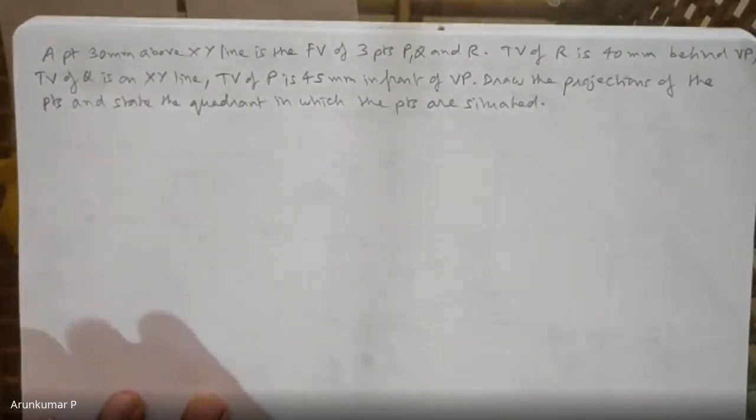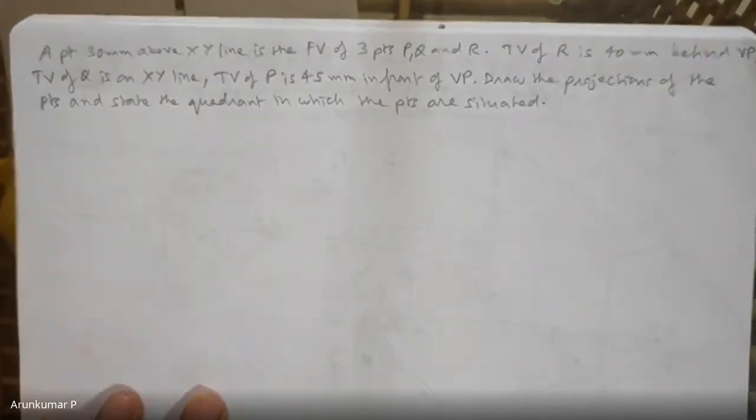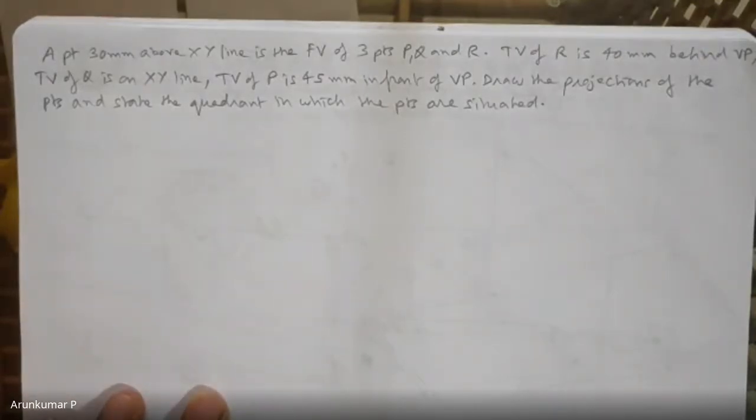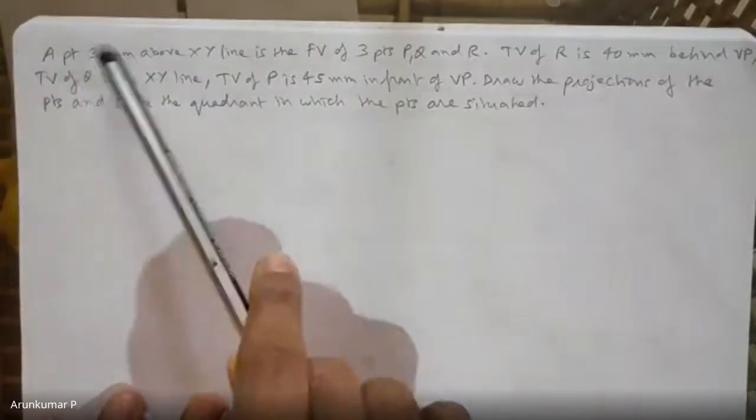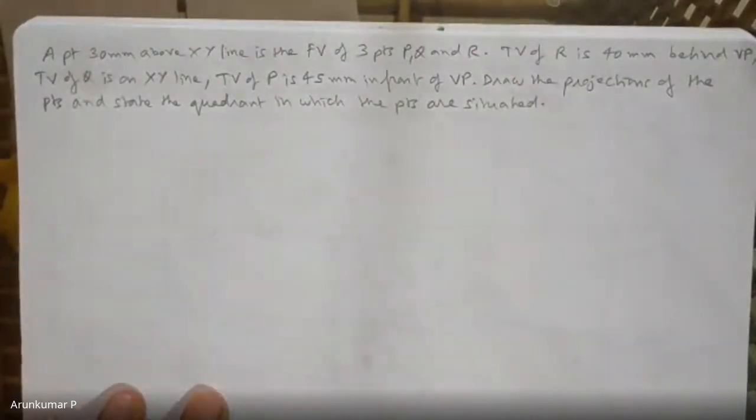When is the top view of a point on XY line? When the point is lying on the vertical plane. Exactly. When the point is on VP, when you look from the top, its top view will be on XY line. So this point Q is on VP.